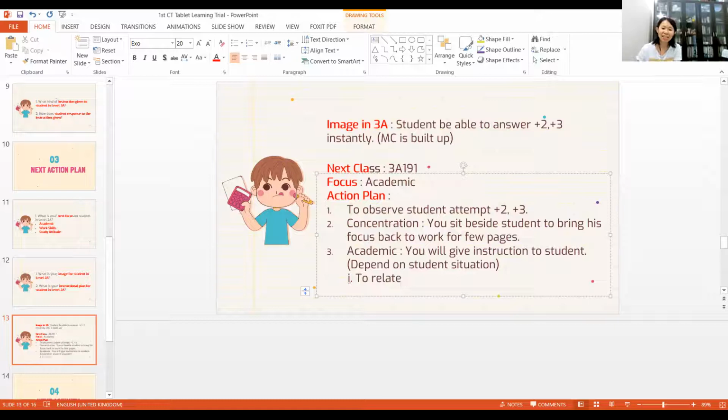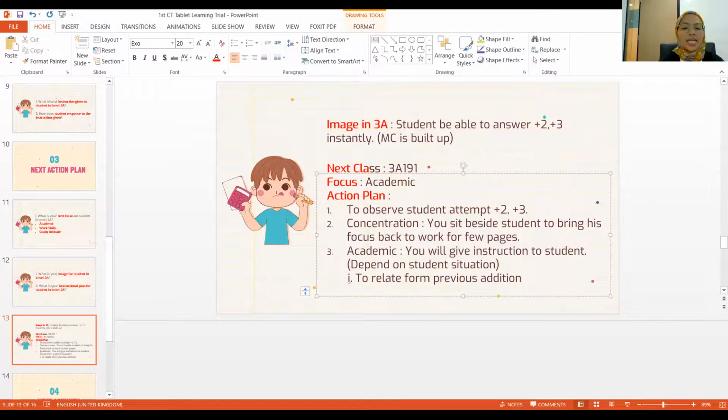So I can't give you the exact instruction. Like you mentioned, there are so many ways, so we cater for the needs. Correct. Okay, I understand. So I will just put that it depends on the student's situation, and the instruction plan you will probably give is for students to read from the previous edition.